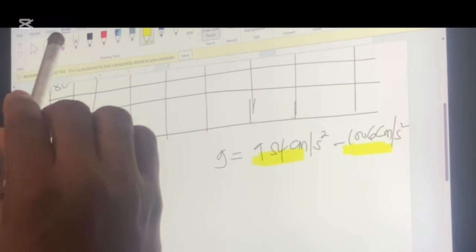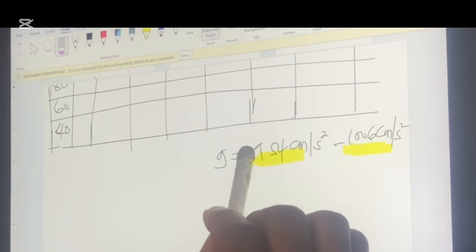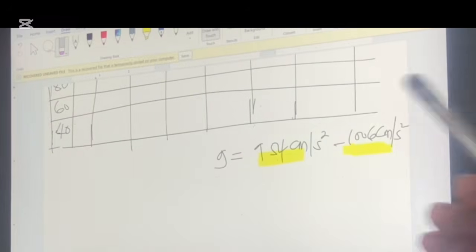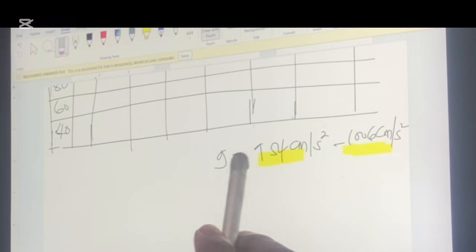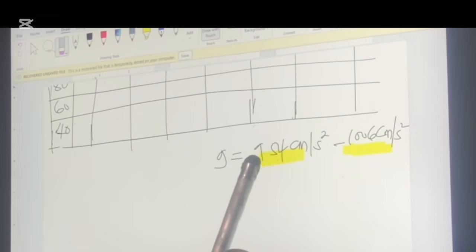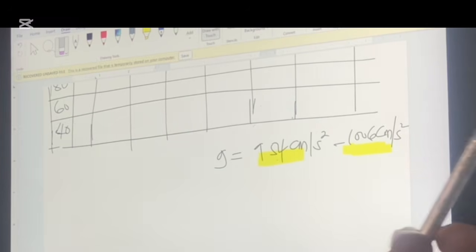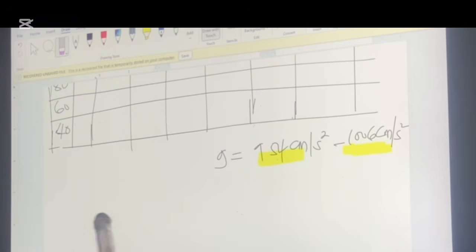Class, any value you calculate in your manual as g can be in the range 954, 955, 956, up to 1006. So if you calculate your value to be 9 meter per second square, it's in line with the value of g.